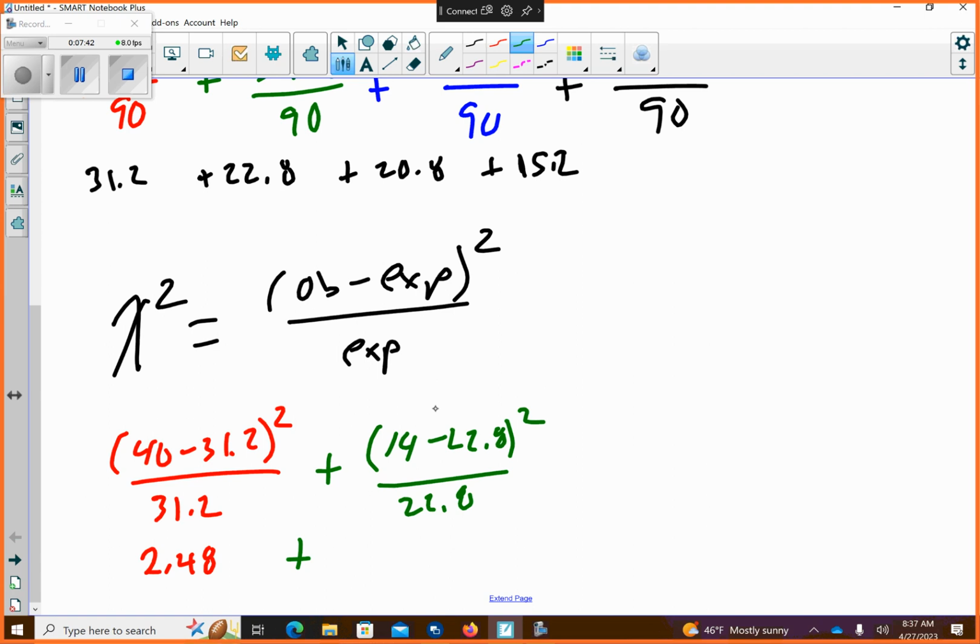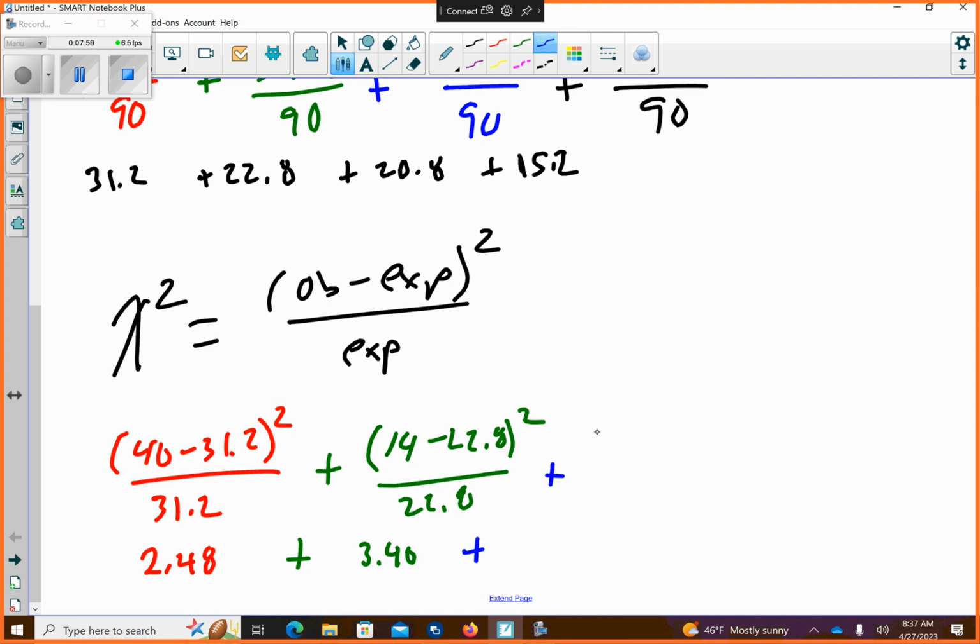That comes to 3.40, rounded to 2 decimals.